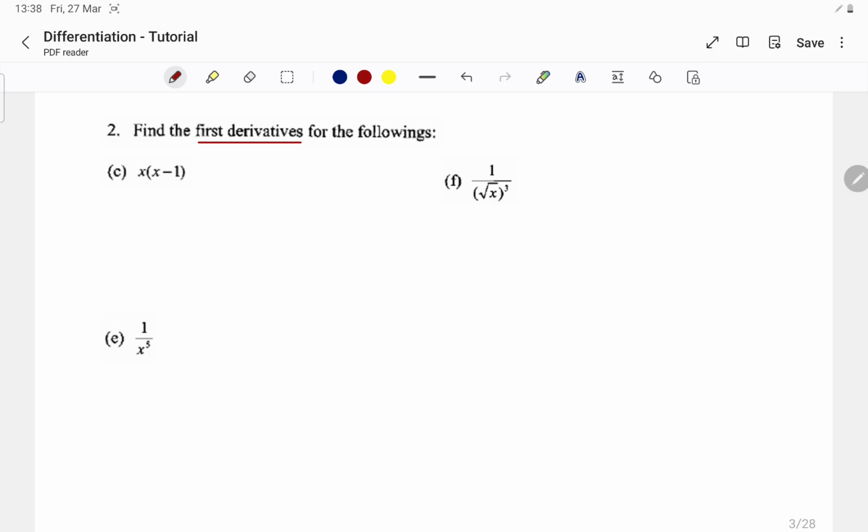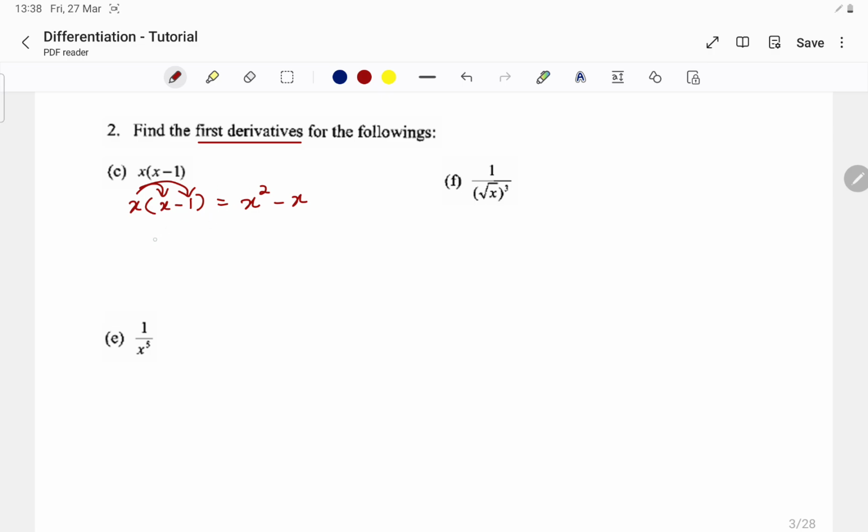So in order to make it easier for you to differentiate, what you have to do is you have to expand. So you expand this first. x multiplied by x become x squared, x multiplied by negative 1 become minus x. So what you have to do is differentiate x squared minus x. If you want to differentiate this, you see x squared is a power, right?